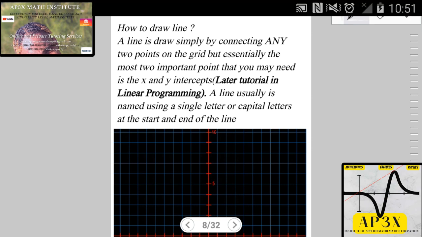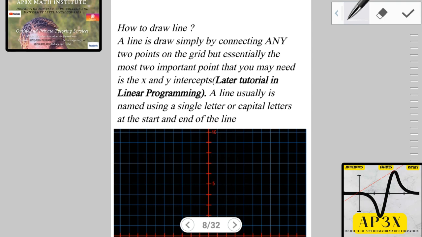Now we're getting closer and closer, guys, to the really important aspect of coordinate geometry. But before we get into the calculation aspect, we have one more concept that we need to fathom, and that is how to actually draw a line. We did mention earlier by definition that a line is a series of points that are connected in a straight path. Again, a line is drawn simply by connecting any 2 points on the grid.